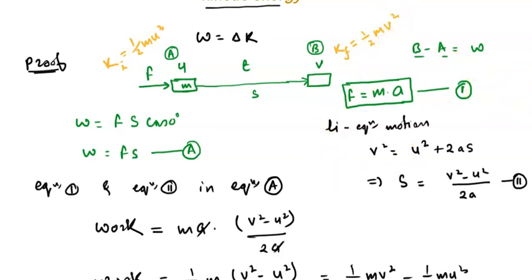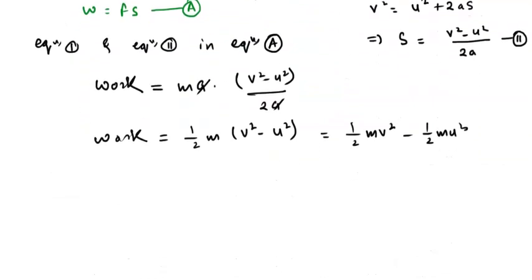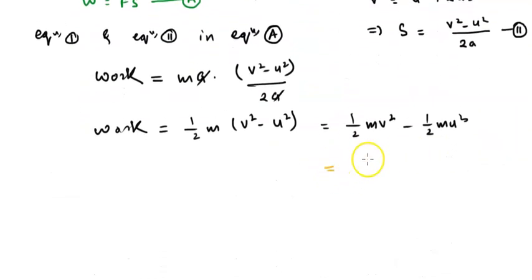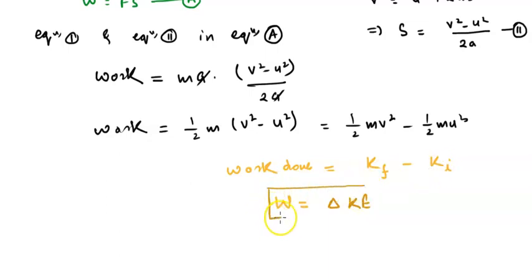So instead of writing half m v square and half m u square, we can write final minus initial is equal to work done. Then we can say work done is the change in the kinetic energy, because we are subtracting the initial from the final. So here we proved the theorem.